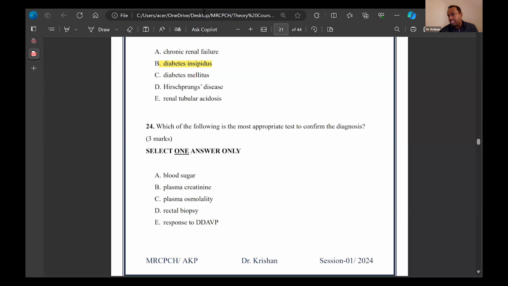So that's it. But if you simply ask, can I skip AMC by doing MRCPCH? No, you cannot. Will that be an added qualification? Yes. Can I skip PLAB by doing MRCPCH? Obviously, yes.